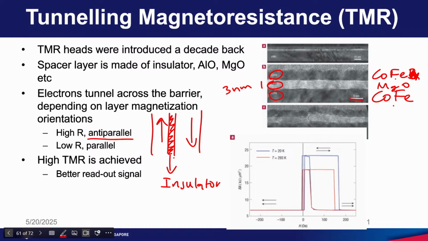If the magnetization of the two layers are antiparallel, you try to send electrons, the probability for electrons to tunnel from this side to the other side is lower. So, you will see the resistance is high, and if the two magnetizations are parallel, then the probability for electrons to tunnel across is higher and the resistance will be lower.